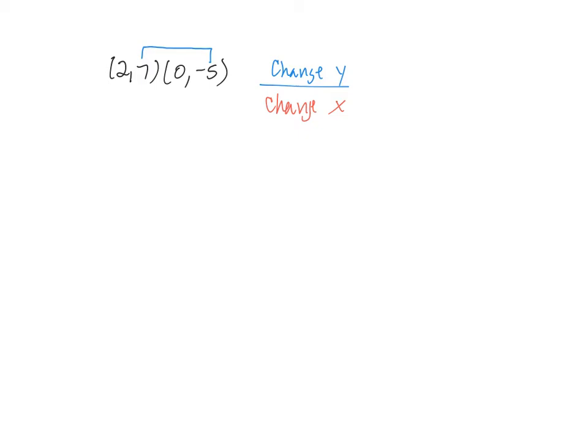It went from positive to negative, so it went down 12. Then the change in x went from 2 to 0, so it went down 2. So the slope is 6.